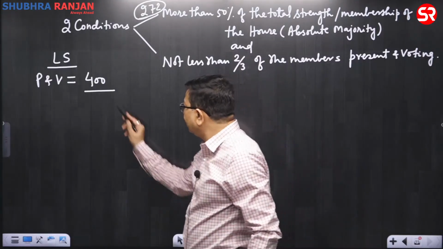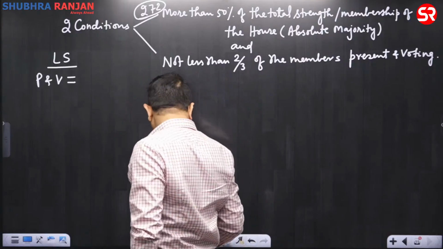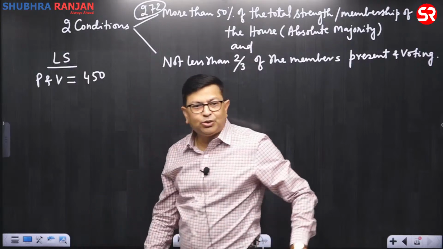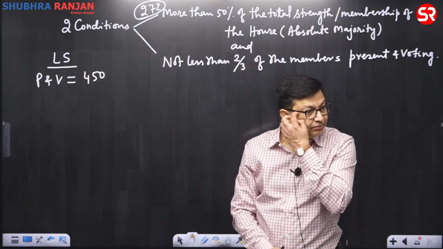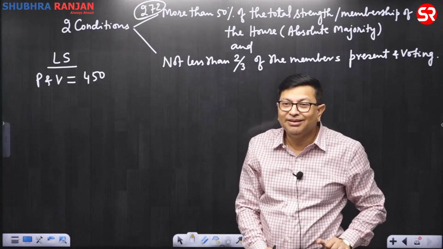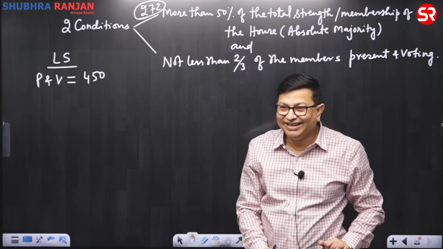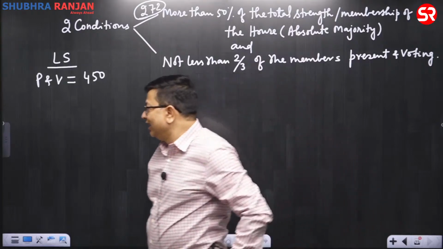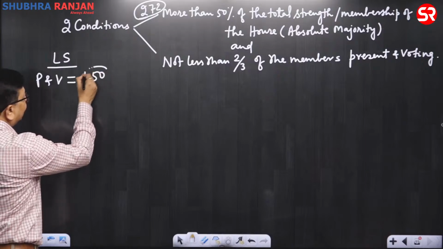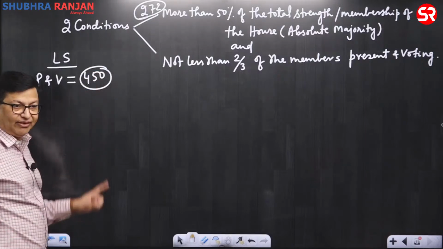Let me make it a little easier. What will be the 2/3 of 450? You will have to appear in CSET also. 300, yes. So 300 is the 2/3 of 450.